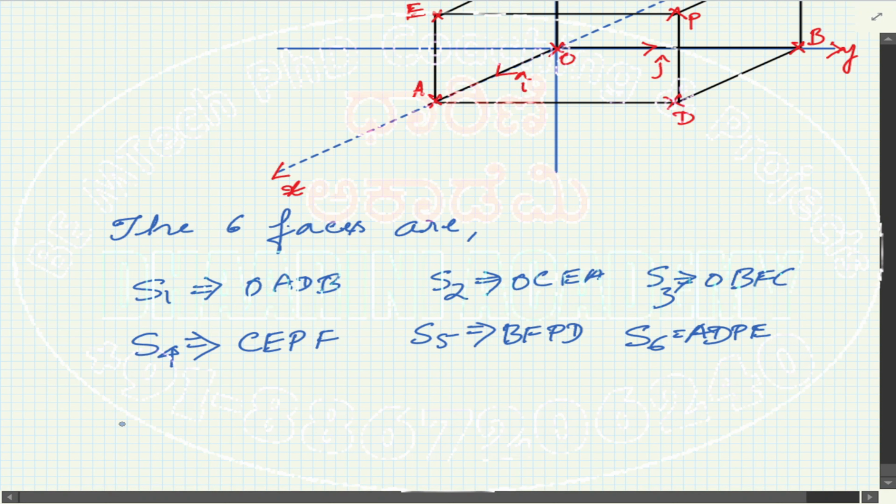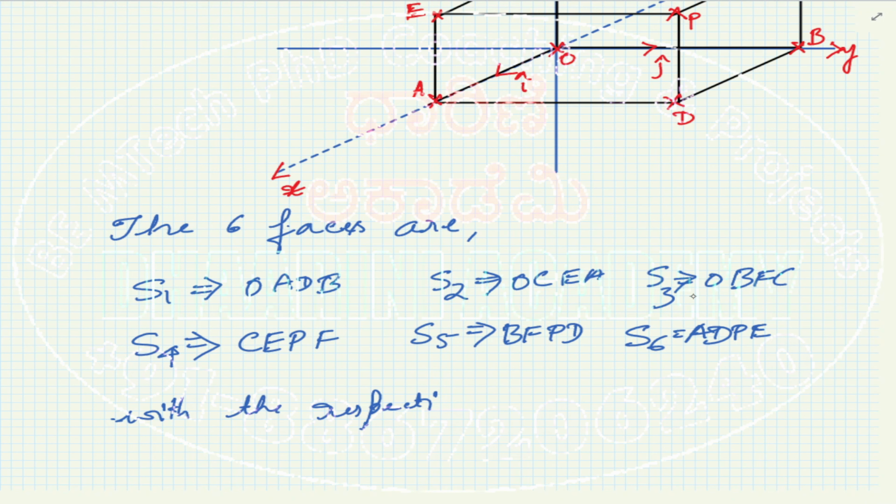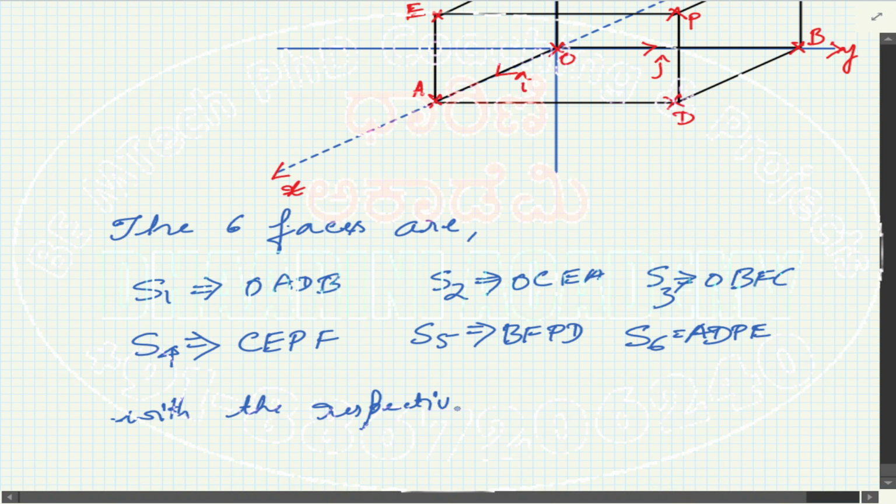So S1 to S6 are the 6 faces with the respective outward unit normal vectors.